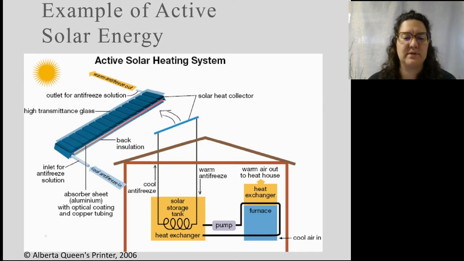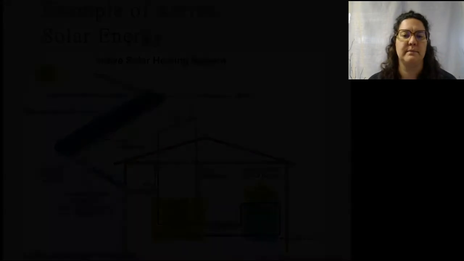Then that warm antifreeze is going to come back down and go into the heat exchanger, where warm air is going to take that thermal heat and pump it throughout the house, and then it's going to send cool antifreeze back to the heat exchanger, where it can be pumped up to the roof again to absorb more solar energy. And so this is going to help circulate the outside thermal energy inside the house, even if it's cool outside.